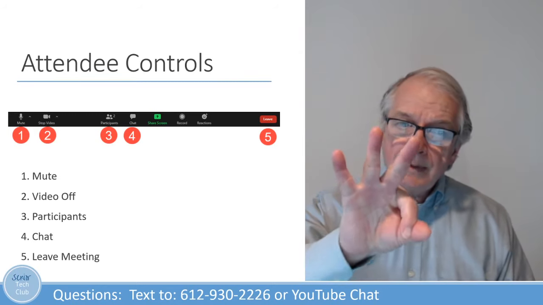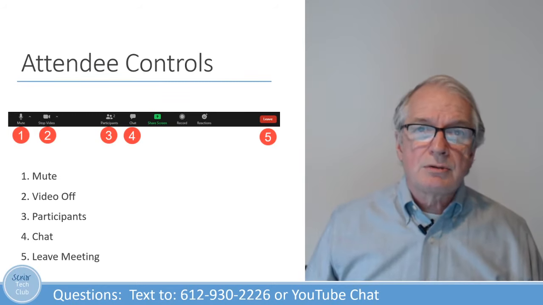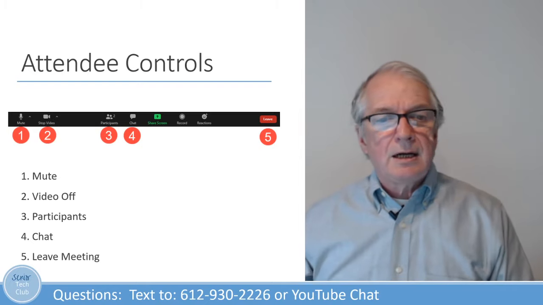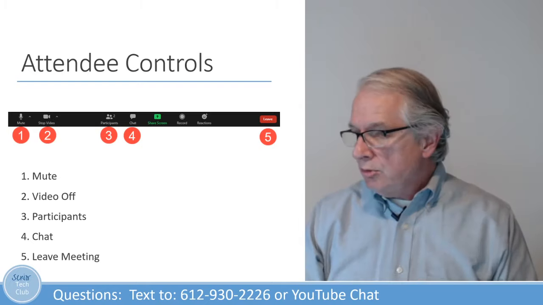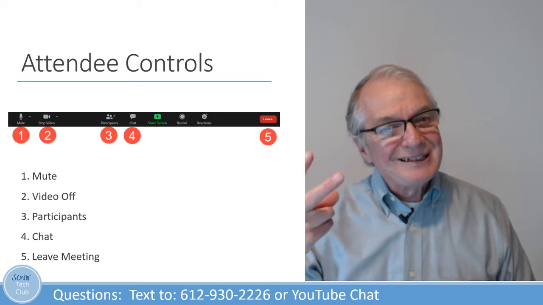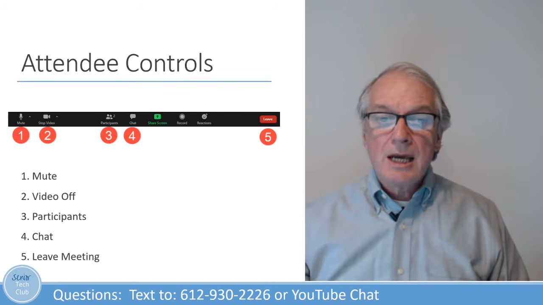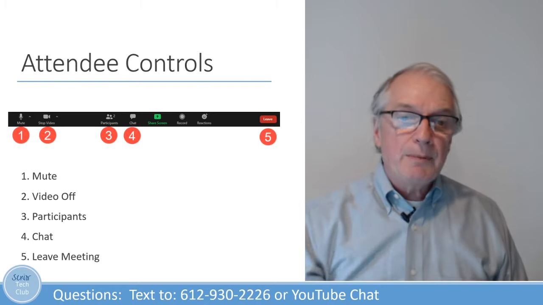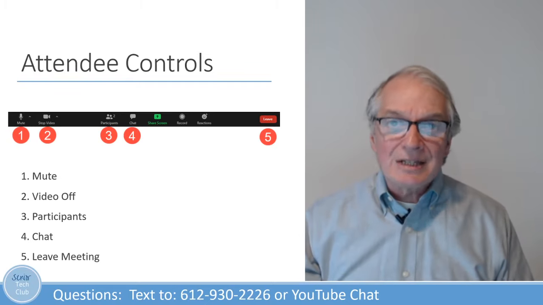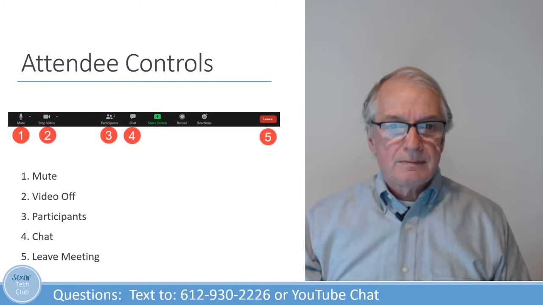Item number three is your participants list. So if you look at the icon on this bar, you notice that this meeting has two participants. But if you had a meeting with, say, 7 participants and you wanted to get a full list, tap on participants and it'll give you a list of those participants.